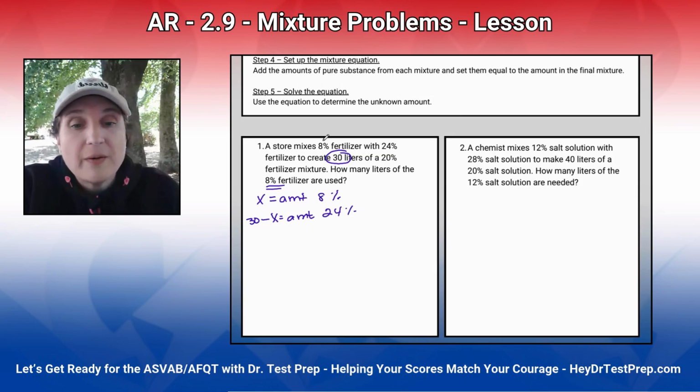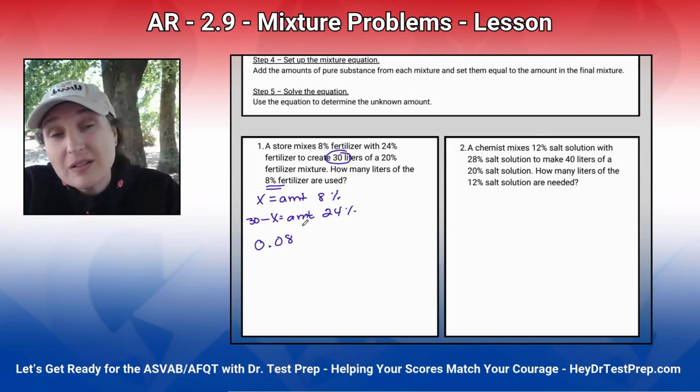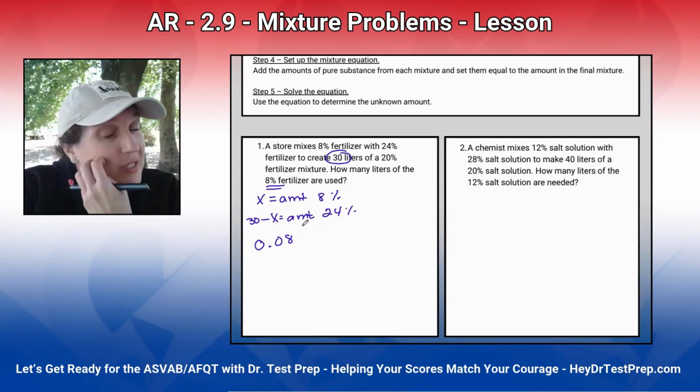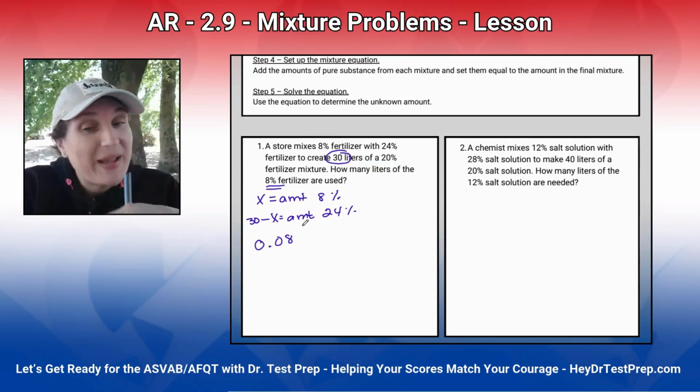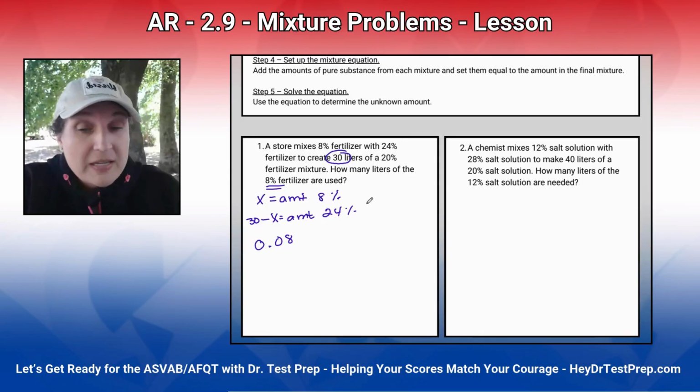So now that we have that, we know we're going to take our 8% fertilizer, so 0.08. Kids will get this wrong because they'll put 0.8. Remember, we have to divide by 100 or move it 2 decimal points. So that's why it's 0.08. 8%, 8 cents, please, 0.08. Times X, because we don't know how much that is.